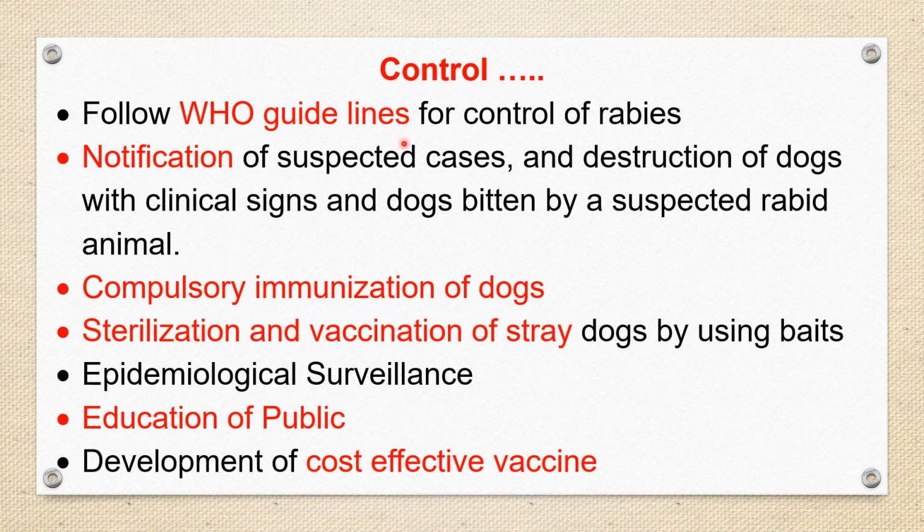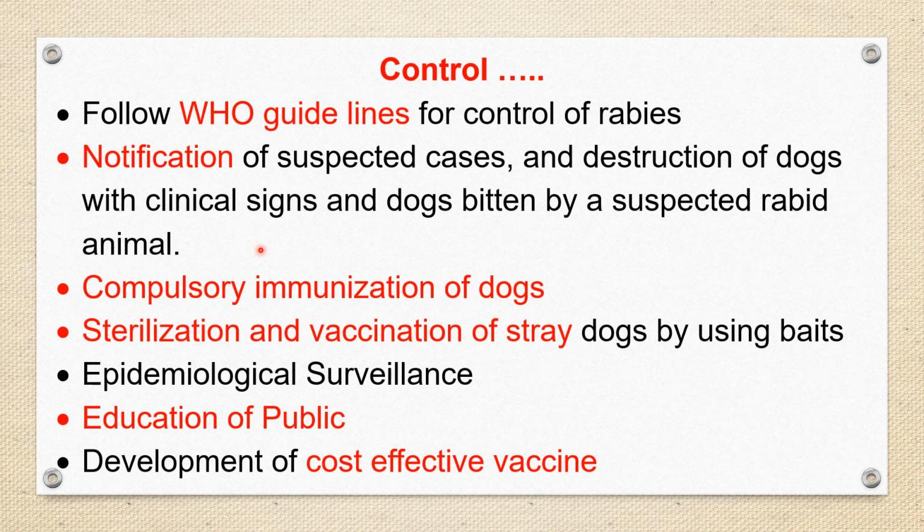The World Health Organization has suggested important guidelines, and they must be followed strictly. Notification of the suspected cases and destruction of dogs with clinical signs and dogs bitten by suspected rabid animals.